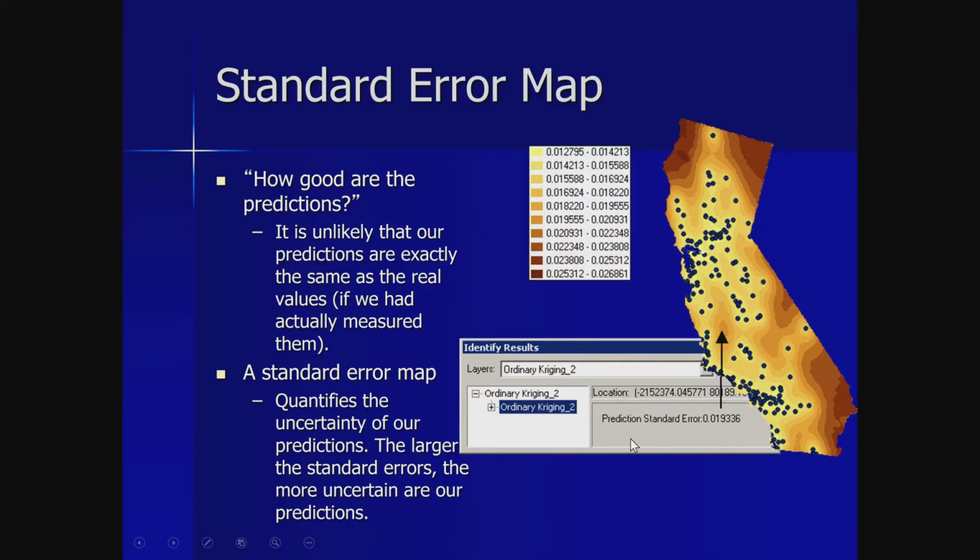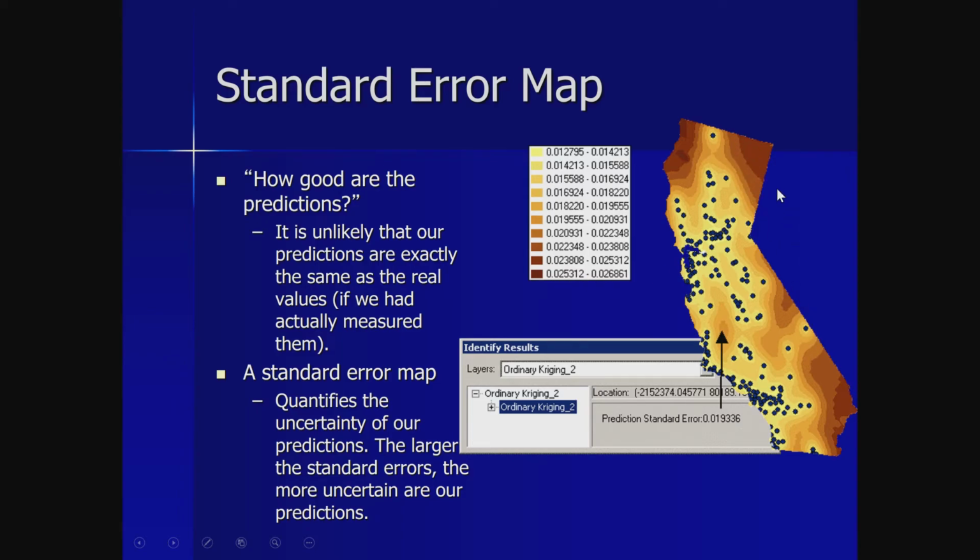So here's the standard error map. In this case, each value in the raster is the prediction of how close the predicted value is, or how confident you are the predicted value is close to the actual value. So up here, you have a lower confidence, so the standard error is higher.